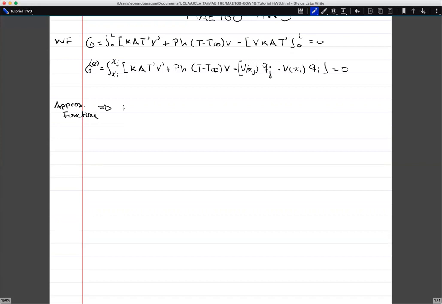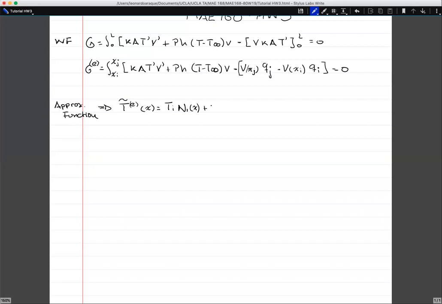The approximate function for this problem for a general element should look like this, where Ti is the constant we're solving for, and Ni(x) represents the shape function at node i.